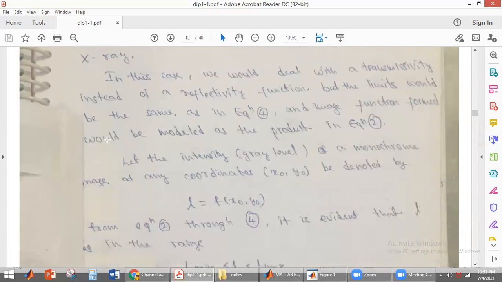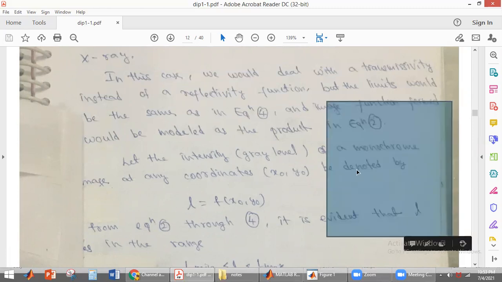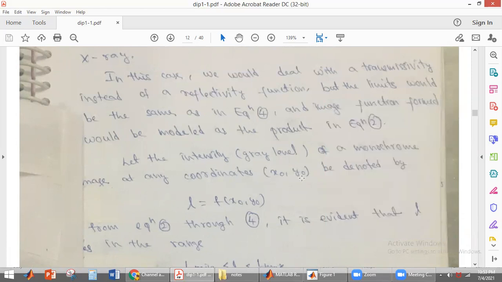For the intensity of a monochrome image at any coordinates, say x naught, y naught in the image storage, the intensity value of the image at those coordinates is given as L, which is f(x naught, y naught).